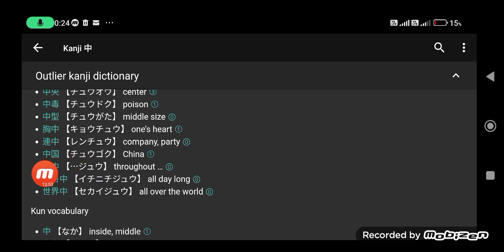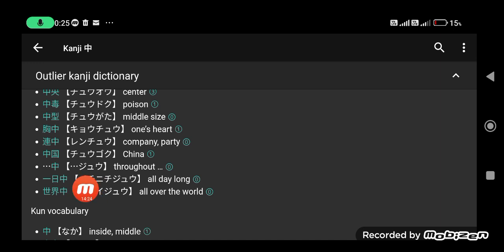Renchu, company, party. And then we have a system of suffix here: blah blah blah chu. Of course, since the chu here is no longer the first kanji, since it is now a second or third or fourth kanji in a compound term, the onyomi of it will be transformed into its Dakten form.